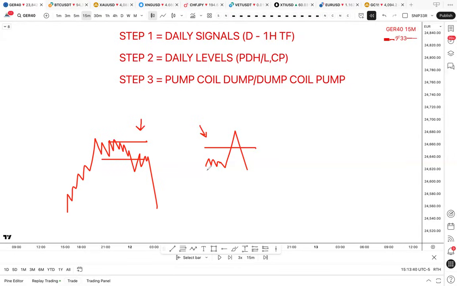The trap and shift is slightly different from the coil because over here you're going to get an obvious coil. Over here, they're going to take out the high of the day or the previous day's high or the high of the week. They're going to take a level out and engulf. So that's that. It's just an A top.